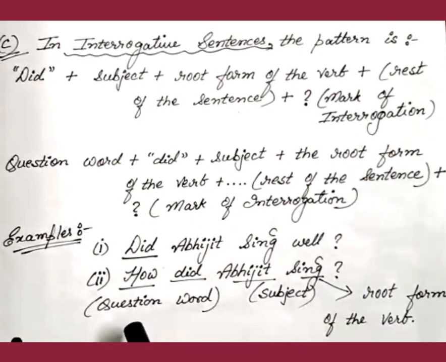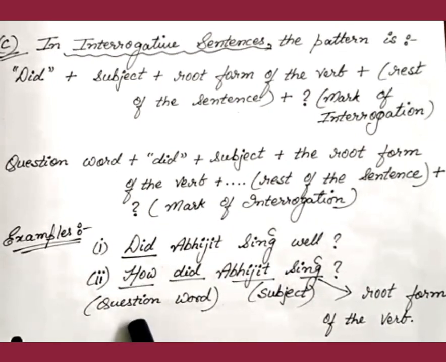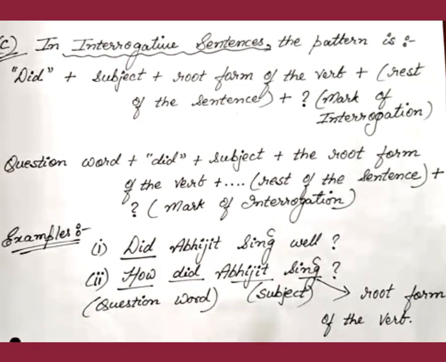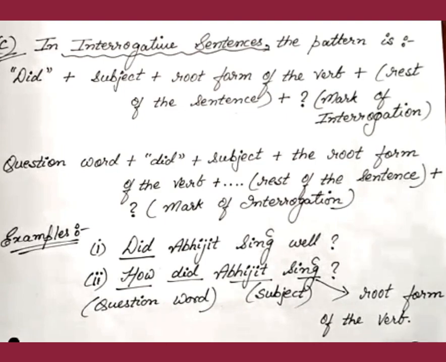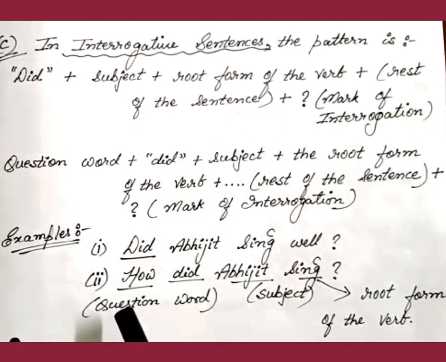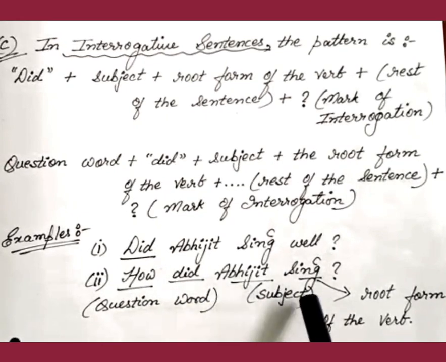So herein how is a question word, Abhijit is the subject and sing is the root form of the verb. Hence, the interrogative sentence formed is, how did Abhijit sing?